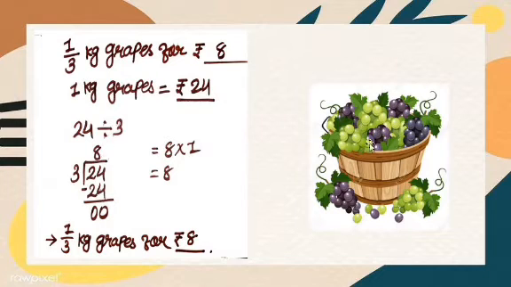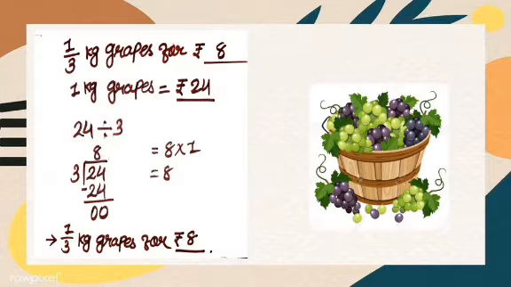So per kg its price is what? 24. So 24 divided by 3. In table number 3, 24 will come. Yes, 3 8s are 24. So 24 minus 24 is equal to 0. And the quotient is 8. 8 ones are 8. So 1 upon 3 kg grapes is for 8.